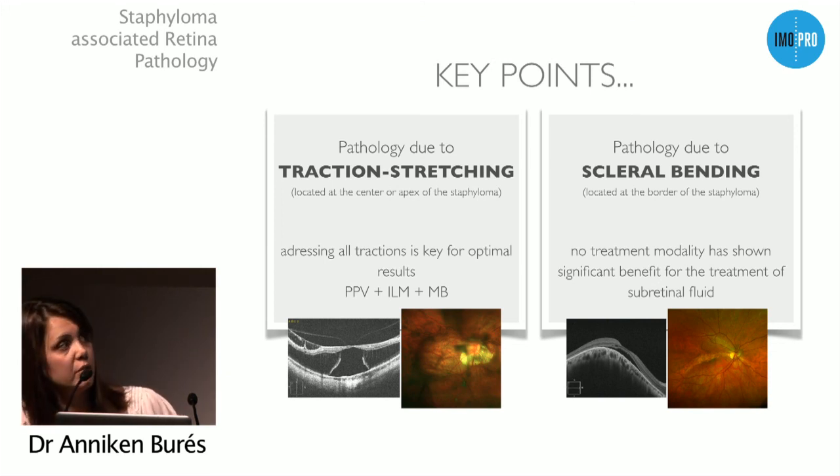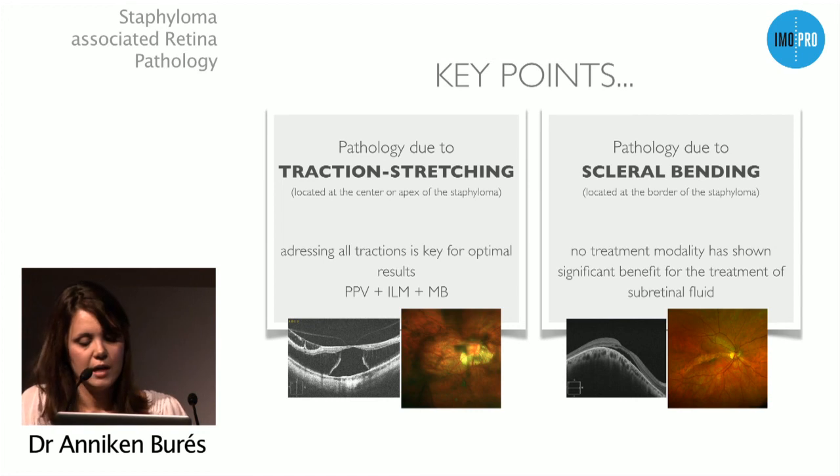On the other hand, complications that occur at the border of the staphyloma are more related to the bending of the scleral wall and the chorioretinal tissue, rather than to traction. So unfortunately, no therapeutic measure has really shown to date any benefit for the treatment of this serous retinal detachment.